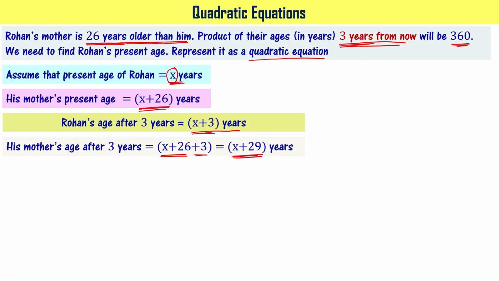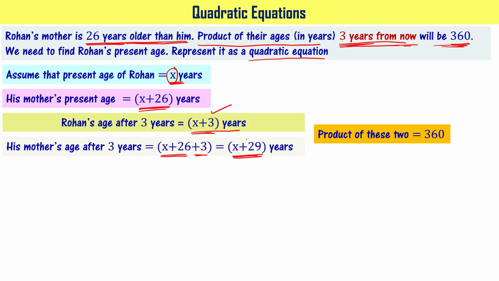Now, when you look at this statement, the product of their ages 3 years from now will be 360. Meaning we have to take the product of these two, x plus 3 and x plus 29, that is equal to 360. Let's write that. (x plus 29) times (x plus 3) equal to 360.